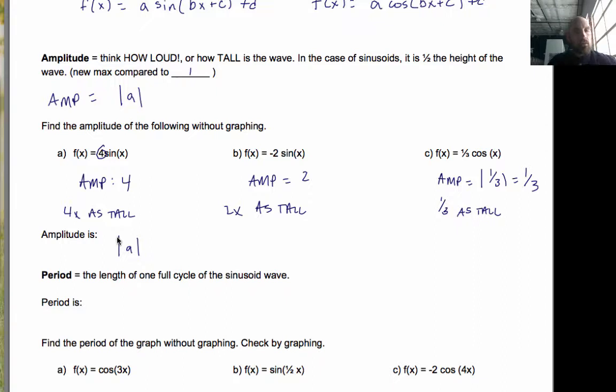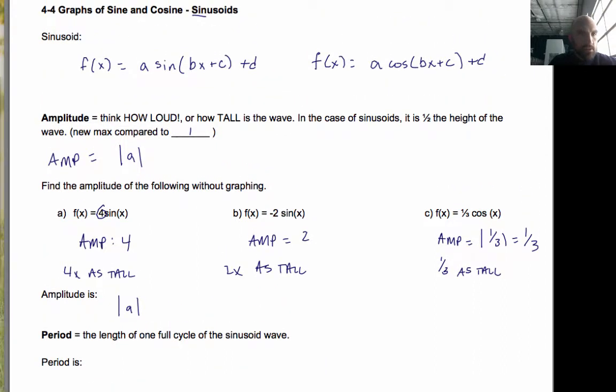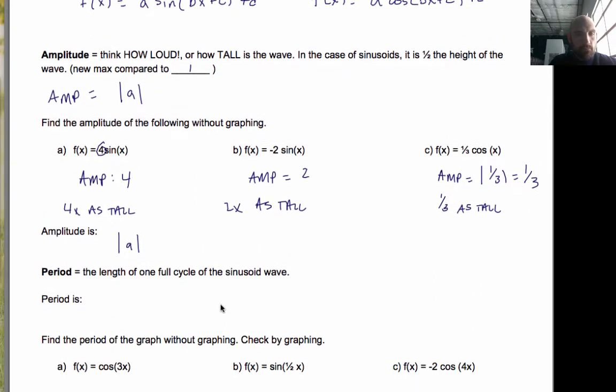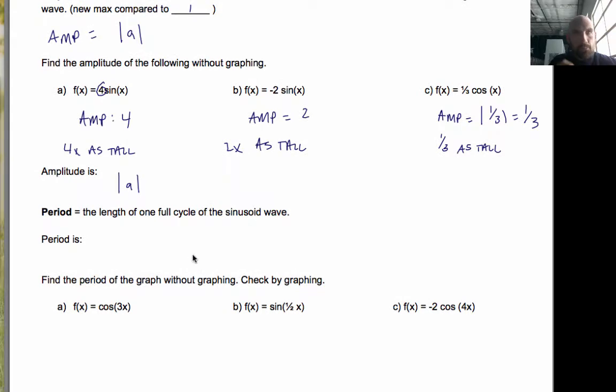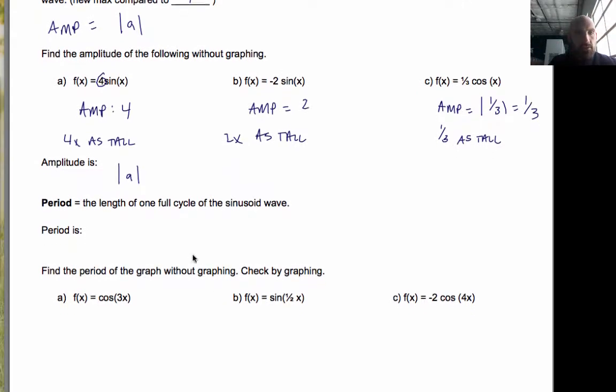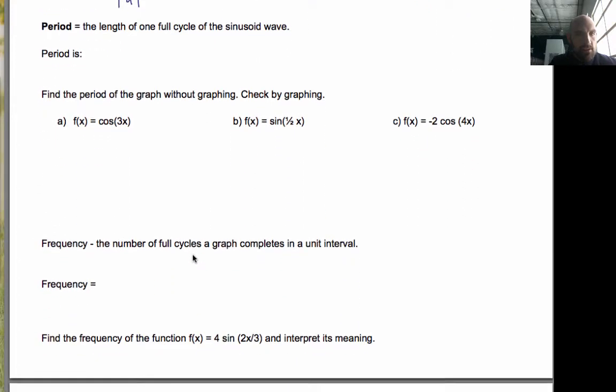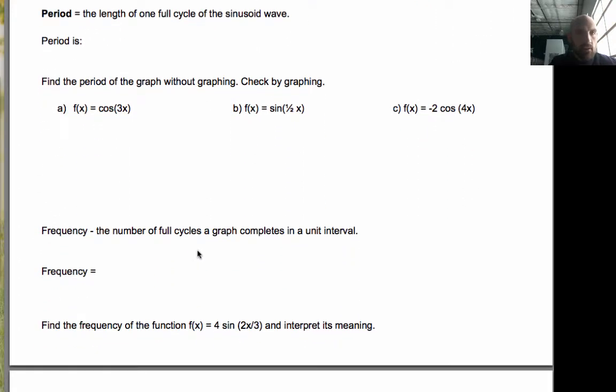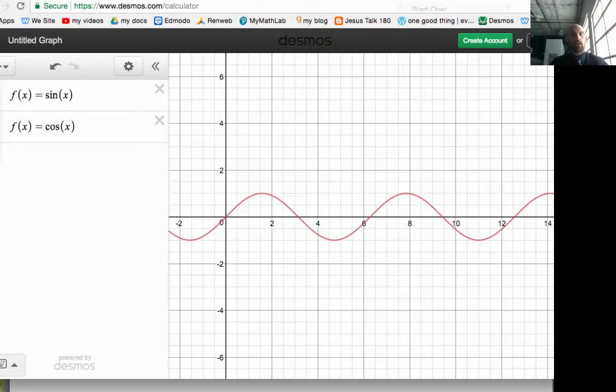All right, so let's take a look here for just a second. We're looking at a sine graph and a cosine graph. Amplitude determines how tall it is. Period is the length of one full cycle of the sinusoid wave. Let's check out a graph right here. I've got sine of x graphed here.